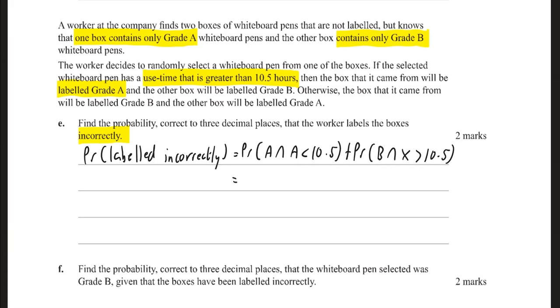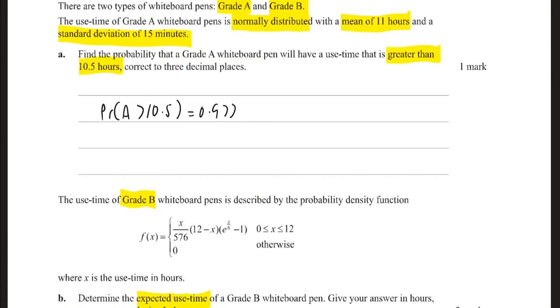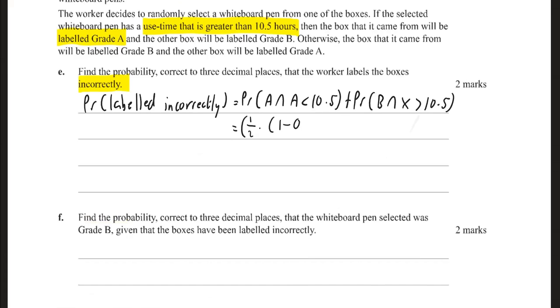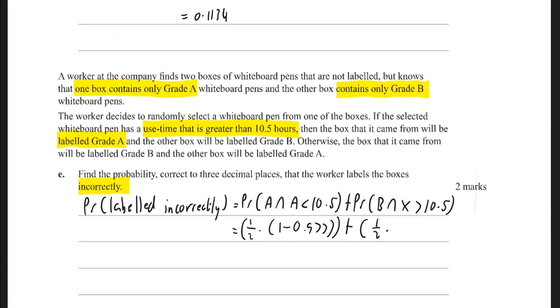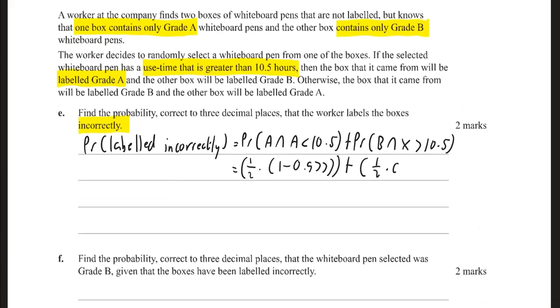And that's basically half times, because you have a half chance to select box A, your answer from part A, I think, comes in handy here, 1 minus 0.977, plus half times your answer from part D can be used here, 0.1134. And that answer simplifies to 0.068.